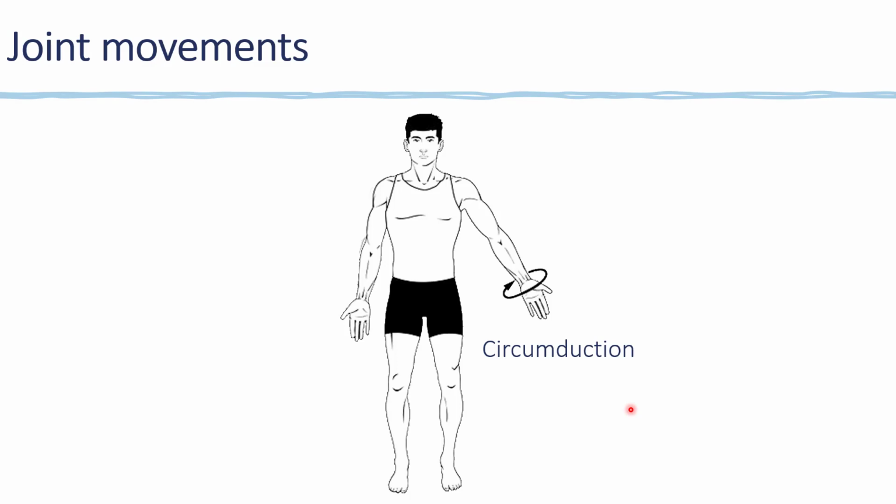So the trajectory of a limb being circumducted forms this sort of cone-shaped surface. So if you abduct your arm at the shoulder joint up here, and then you move your arm and your forearm so that your hand traces the shape of a circle, then the joint action that's occurring at the shoulder joint is called a circumduction.